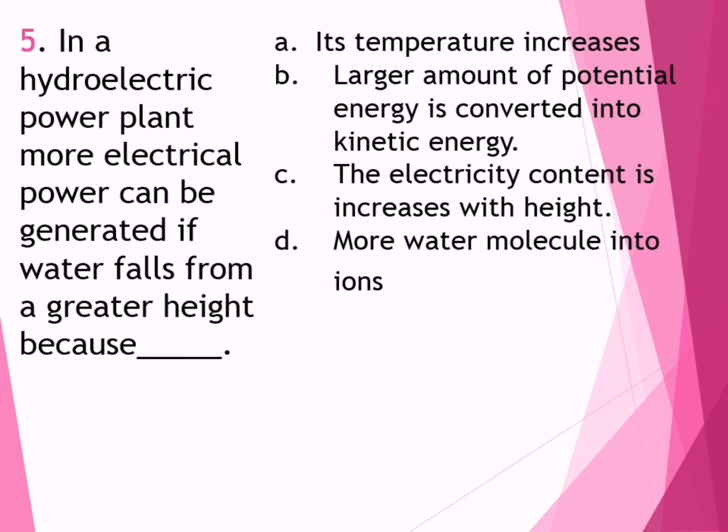In a hydroelectric power plant, more electrical power can be generated if water falls from a greater height because blank. A. Its temperature increases. B. The larger amount of potential energy is converted into kinetic energy. C. The electricity content increases with height. And D. More water molecules turn into ions.